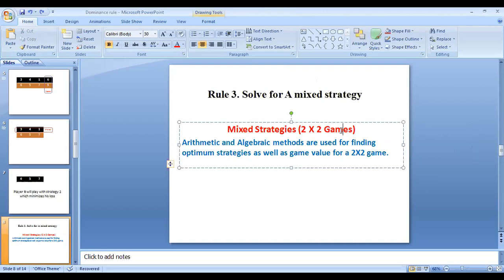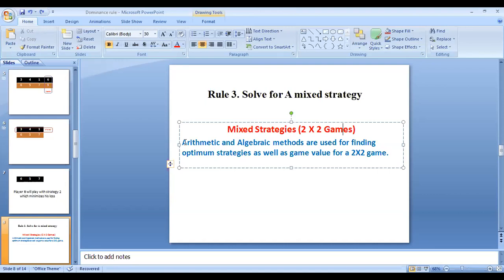Here we'll take one problem based on this to solve. As I told, there are two methods, arithmetic and algebraic. Among these two methods, the arithmetic method is very simple and easy to understand, and it also gives the solution in very few steps.